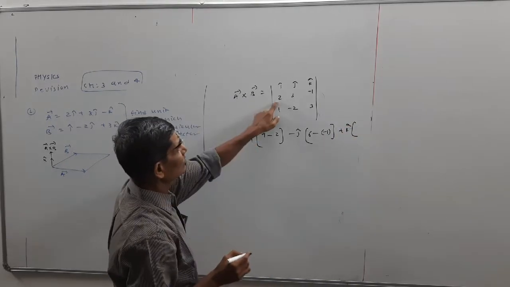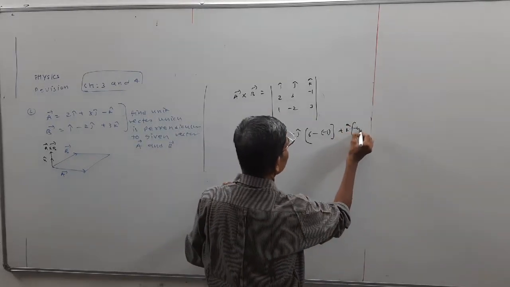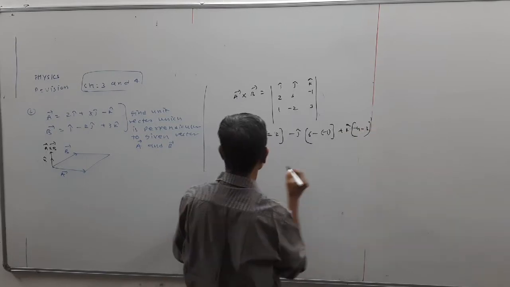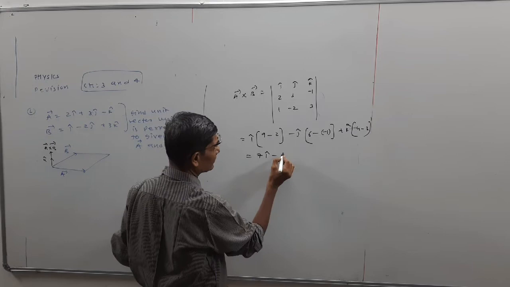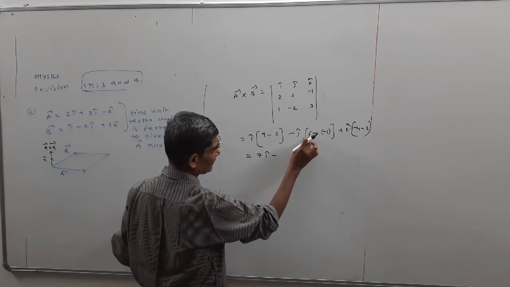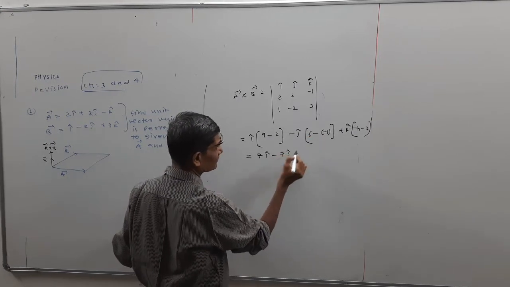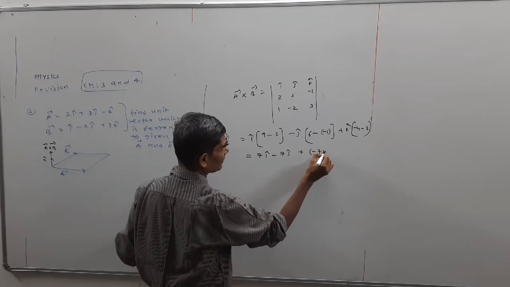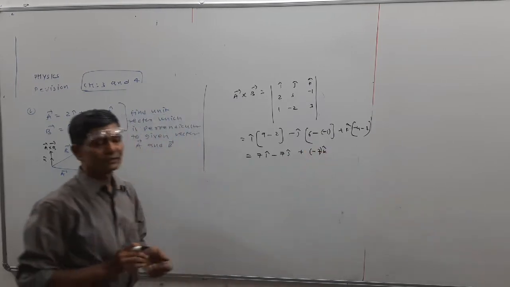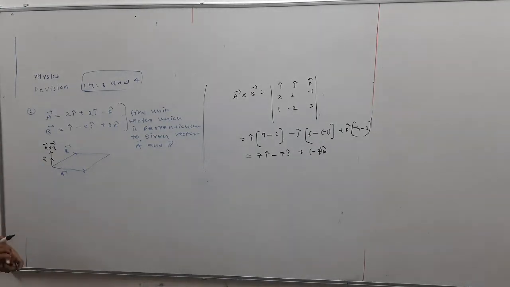Okay, 2 2 are minus 4 and minus 3. So that is 7i minus 7j plus minus 7. Okay, now this is our A cross B.